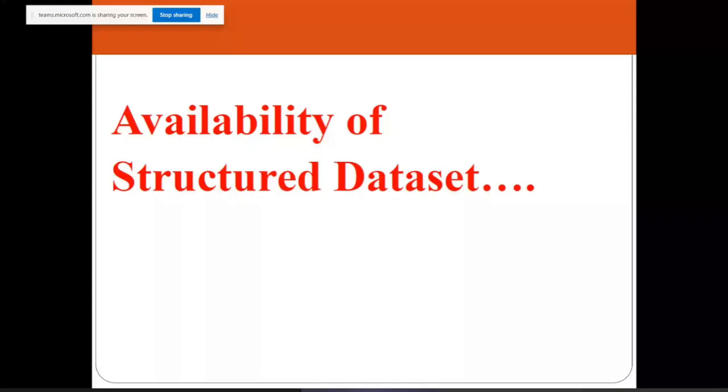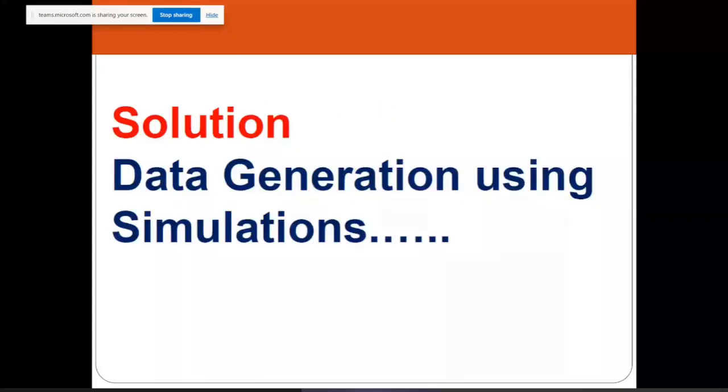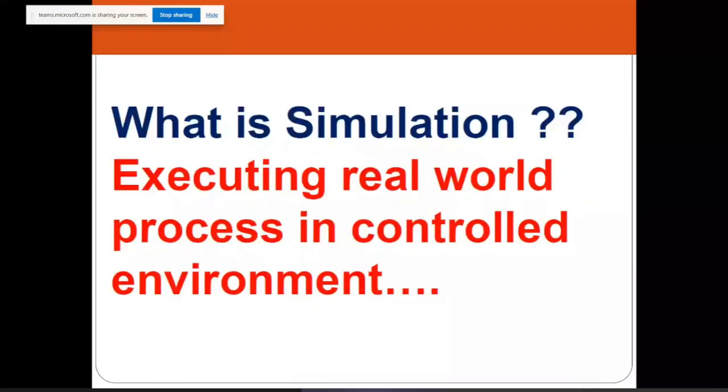Okay, now I hope everybody knows what simulation is. Take an example: executing a real-world process in a controlled environment. Let me explain with an example. Let's suppose there is a dam, and I ask you to break it and record the parameters.